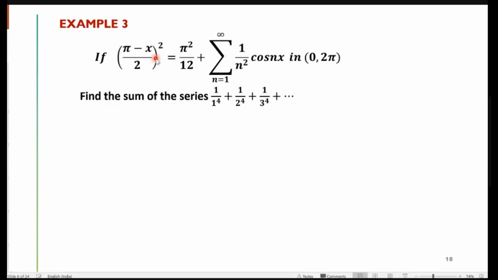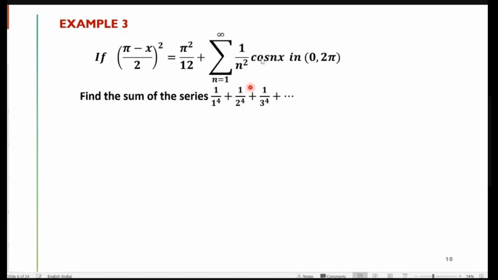Fourier series, okay. What about others? Yes, correct. What you are saying is we have to see the interval given.